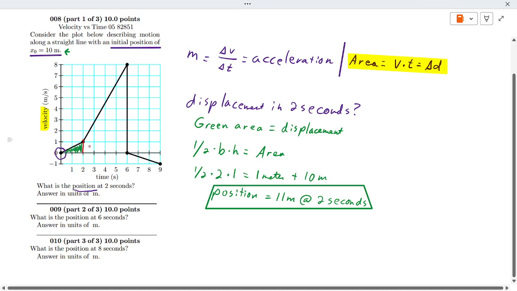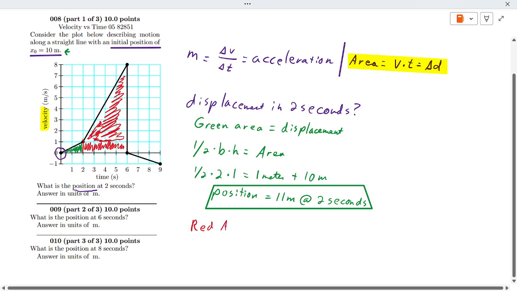In this case, we're going to find the area of this rectangle and then add the area of this triangle. The area of the rectangle added to the area of the triangle will be how much further.